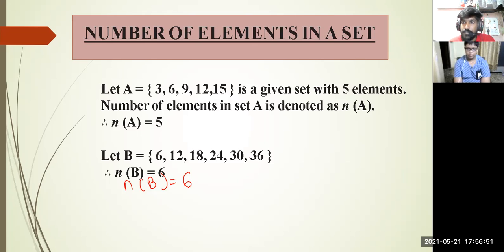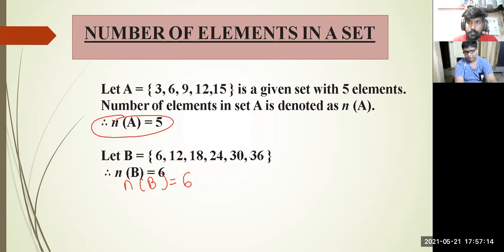And then union of 2 sets, which means all the elements together. And last, number of elements in a set. You count how many numbers are in the set, and usually number of elements is denoted by n of A or n of B, depending on the name of the set.